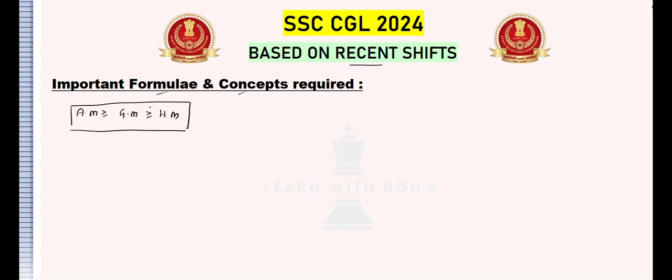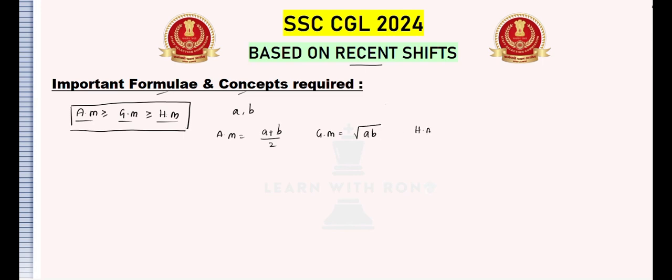So in order to solve those problems, you need to know the formulas of arithmetic mean, geometric mean and harmonic mean, right? For two variables a and b, arithmetic mean is nothing but (a plus b) divided by 2, and geometric mean is nothing but square root of ab.